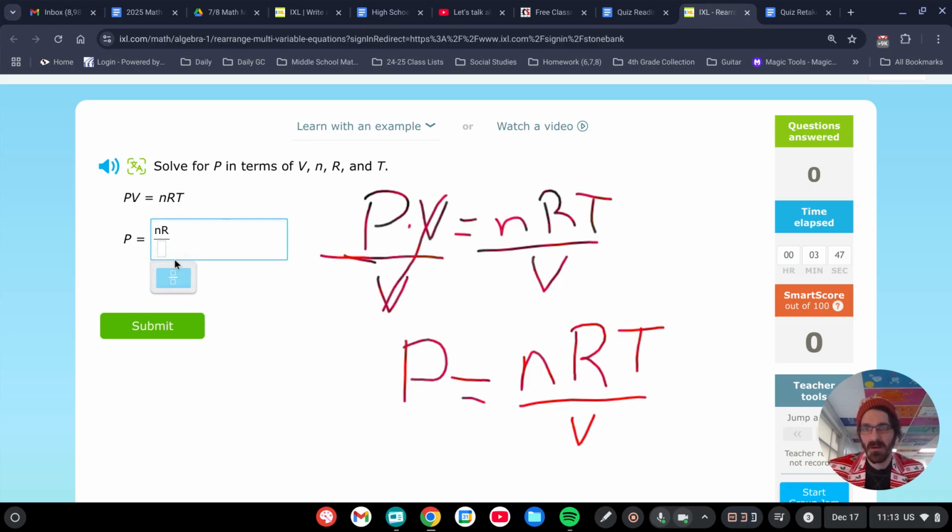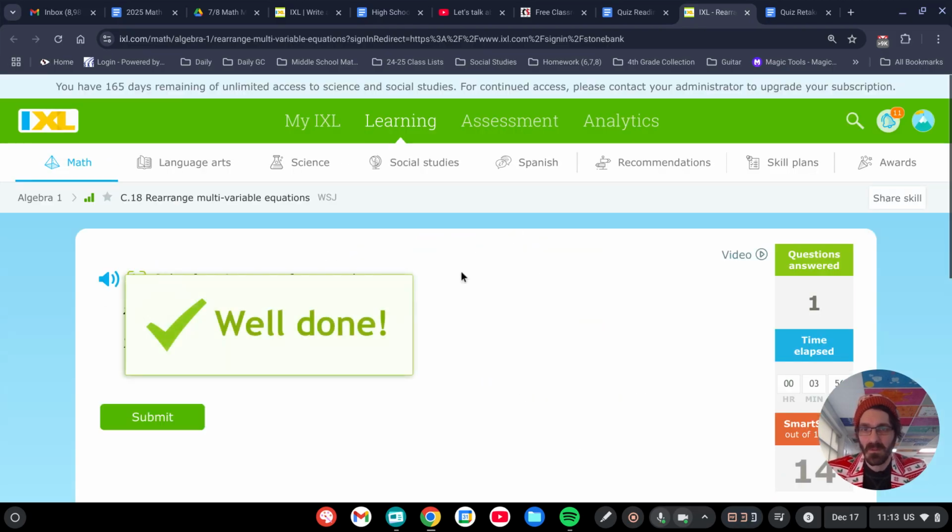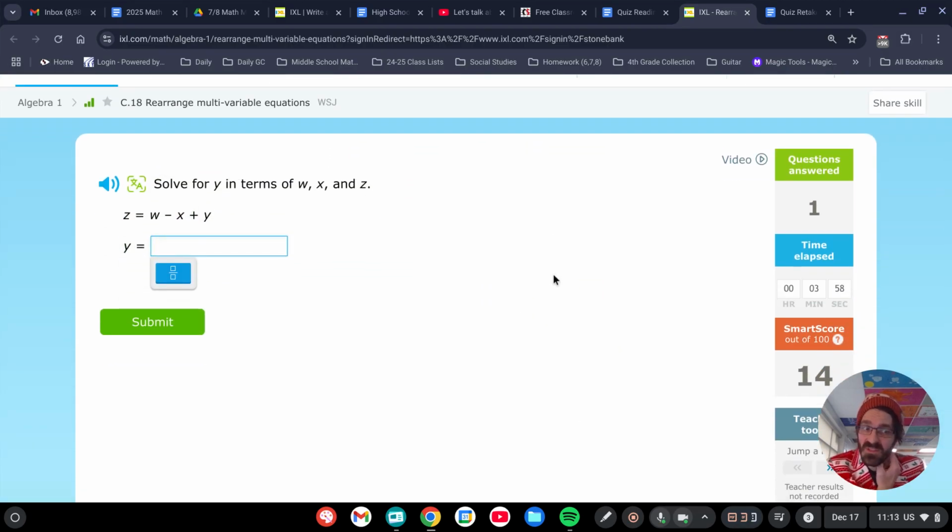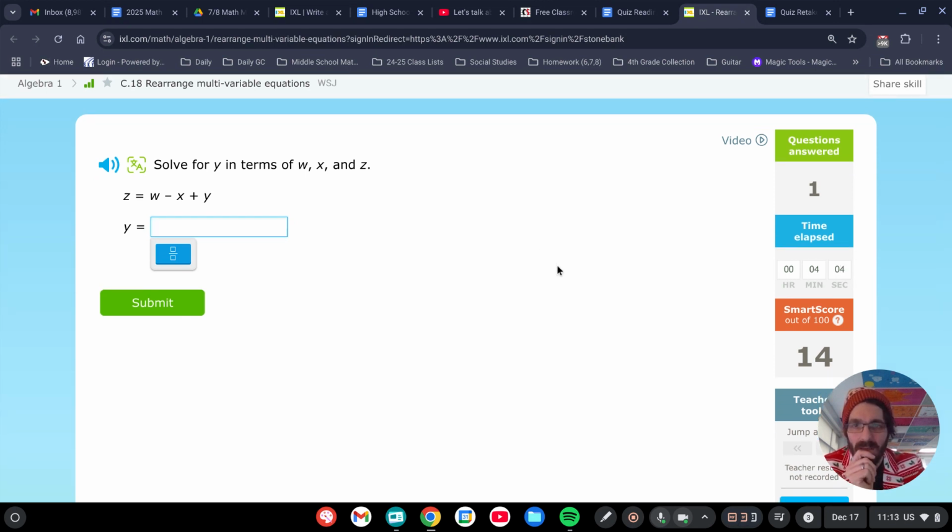NRT all over V. I think it's a capital V. I don't know if it'll matter, but we'll just put it in. Nice. Okay, so you will see that where it's a one-step division on both sides. Expect to see that on the test or the quiz, something of that nature. Probably different variables, but a similar style problem.